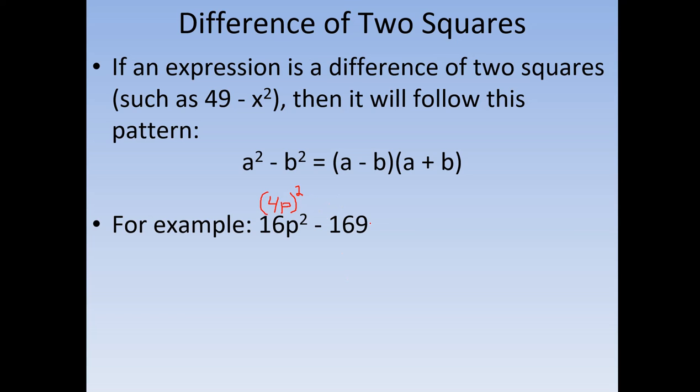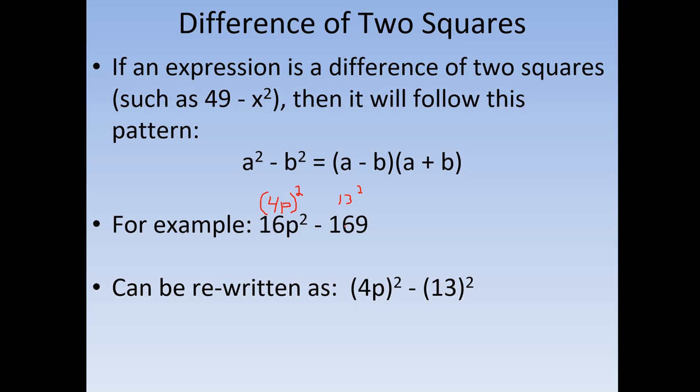And then 169, that's 13 squared. So we can rewrite this as 4p squared minus 13 squared. So 4p will be my a term, 13 will be the b term. Now we just plug it into this: a minus b, a plus b.